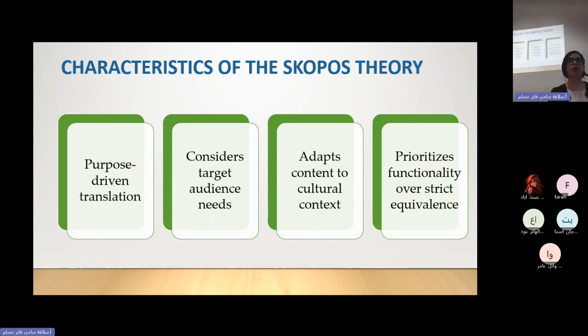The structure, the grammar, the linguistics, the phonetics, everything related to the language we are going to translate into, we have to take it into consideration, even if we use straight translation, okay? All right, so these are the characteristics of Skopos theory.